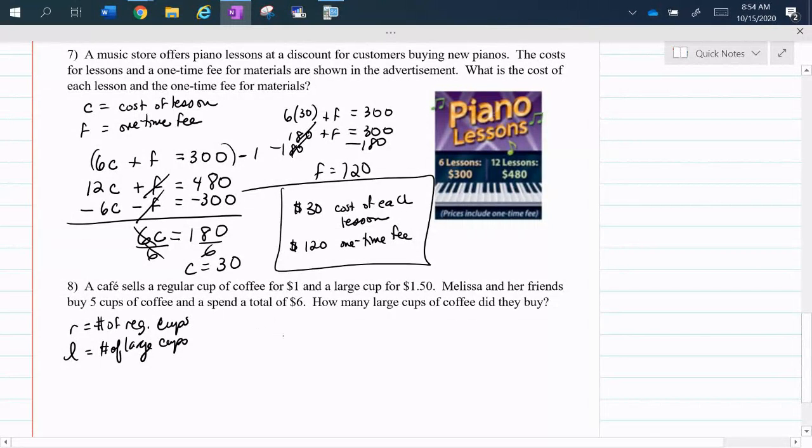So we've got $1 times the number of regular cups, plus $1.50 times the number of large cups, is equal to $6. So $1 for every regular cup, $1.50 for every large cup is $6 total. And they bought 5 cups of coffee, so that means the number of regular cups plus the number of large cups is equal to 5.